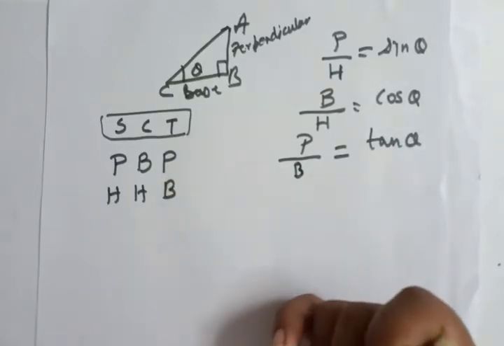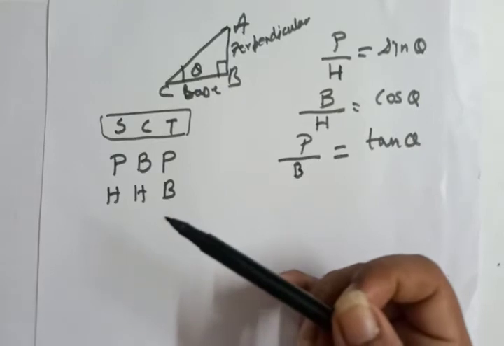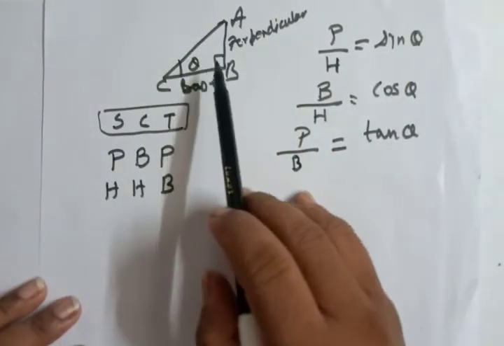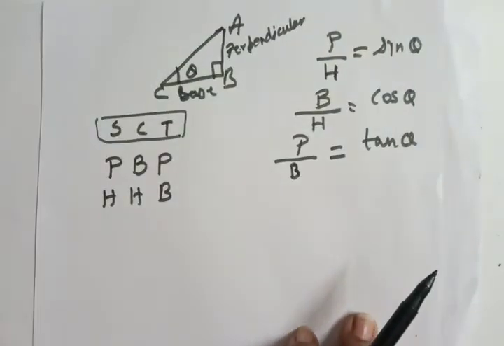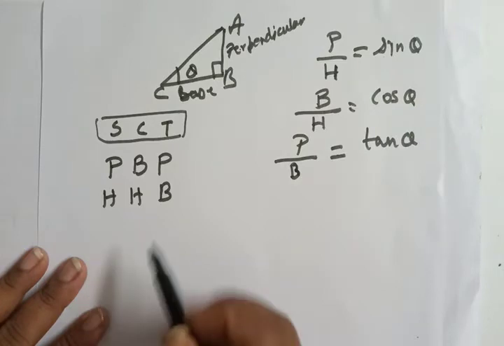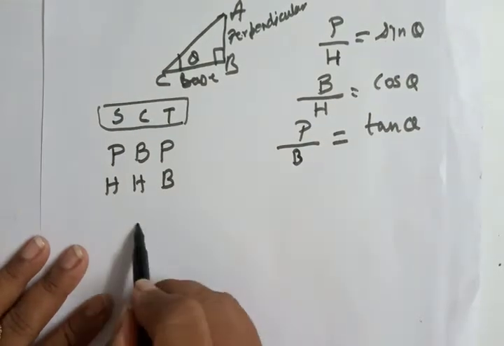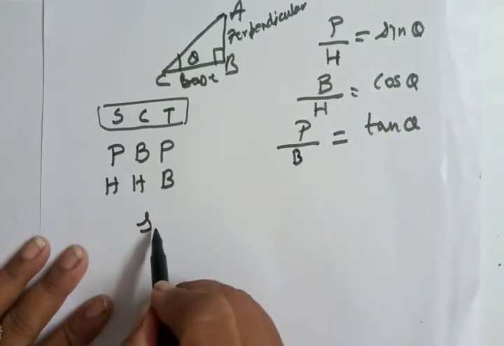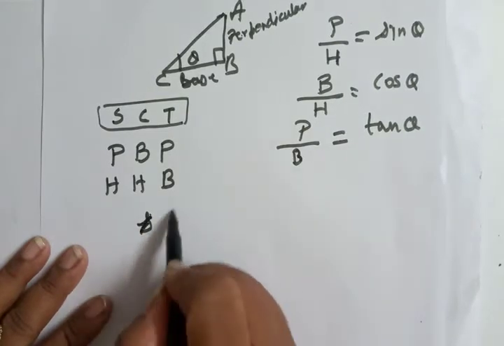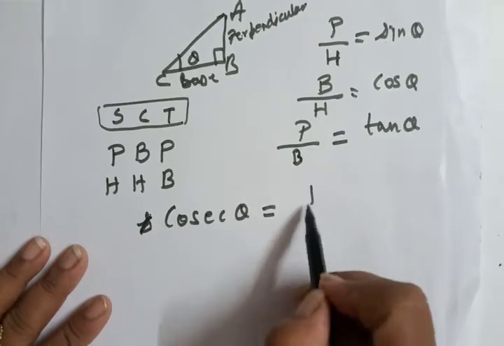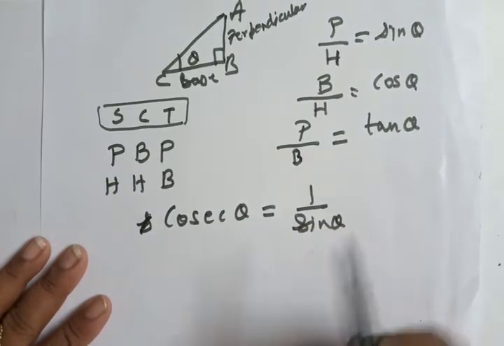Now we have a few reciprocals also. If we have 3 sides, in total we have 6 ratios. These are sine, cos, and tan, but we have reciprocals of all these. That is, cosec theta is equal to 1 upon sine theta.